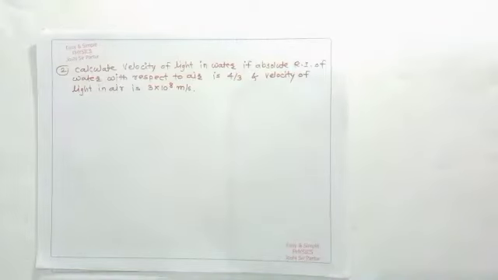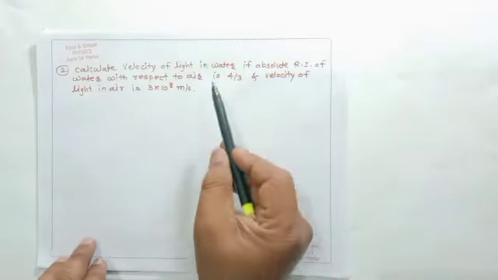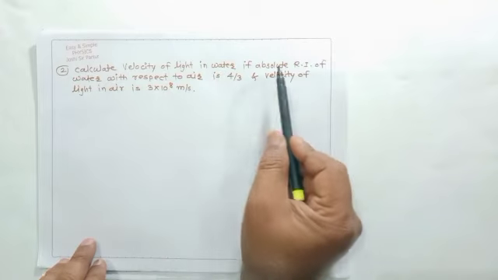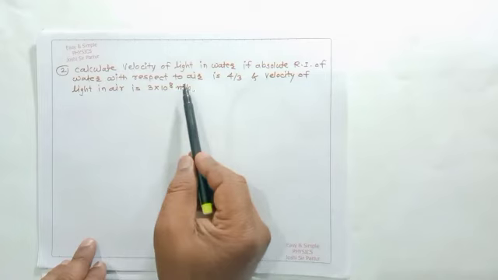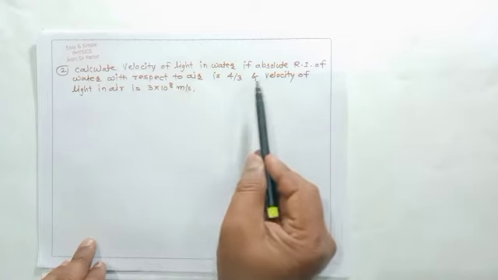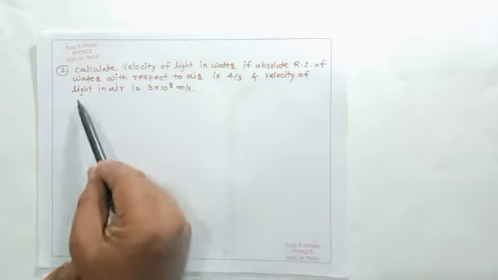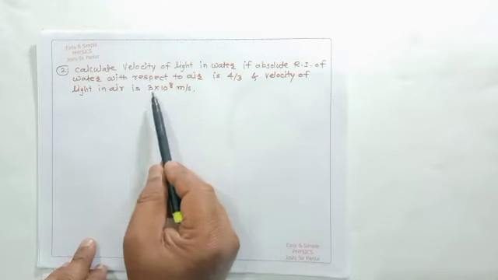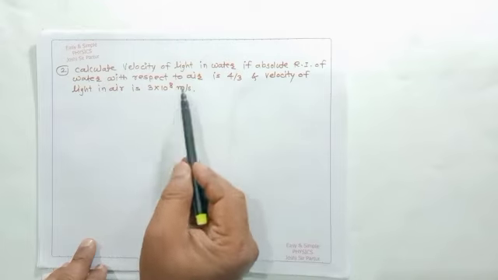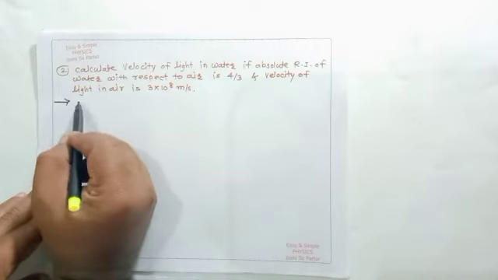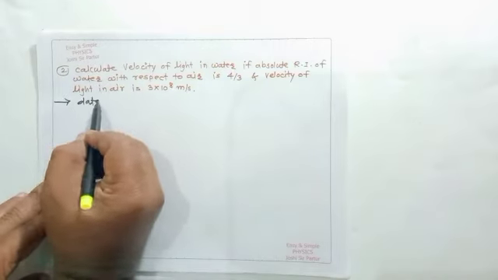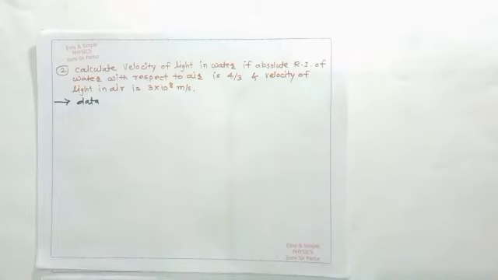The next example will be seen, that is, calculate velocity of light in water, if absolute refractive index of water with respect to air is 4 upon 3 and velocity of light in air is 3 into 10 raised to 8 meter per second. So here we can see the data. In this data we have to find velocity of light in water.